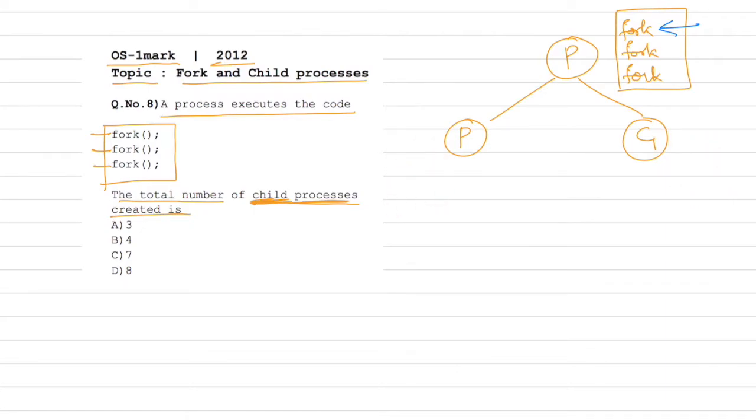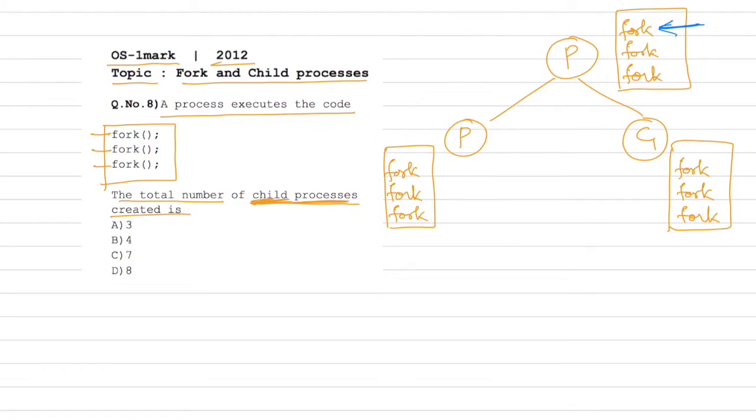So let me just rewrite it. Here we have fork, fork, fork. Code is shared among both the parent and the child process. So the new child also gets the same code section from the parent. So it also has fork, fork, fork. However, there's one important difference, and the difference is the line of execution.